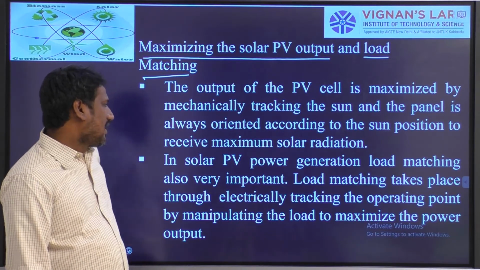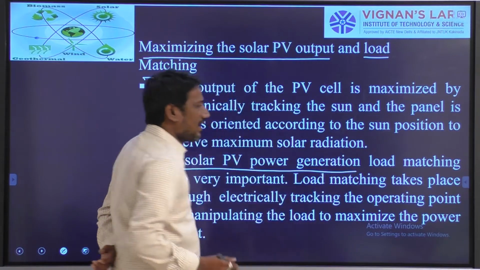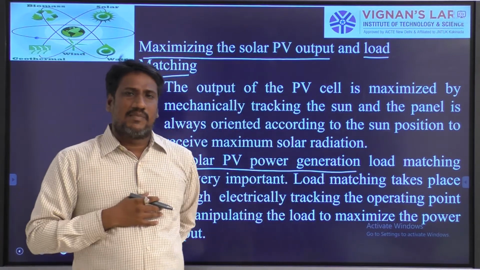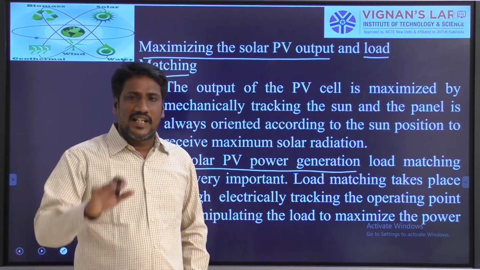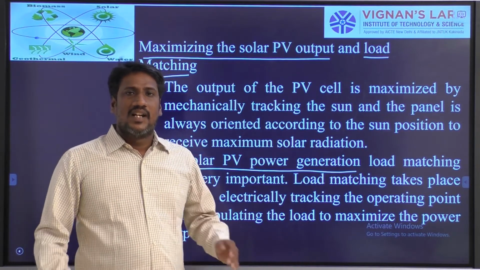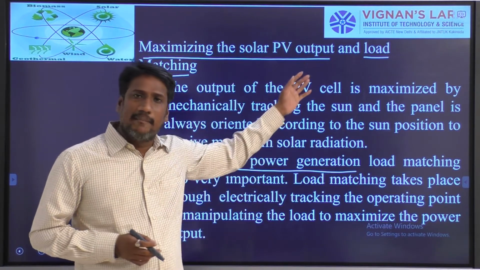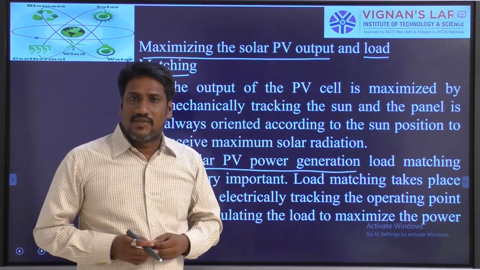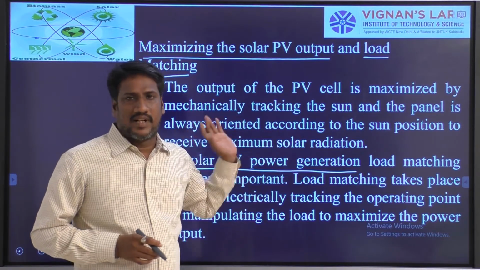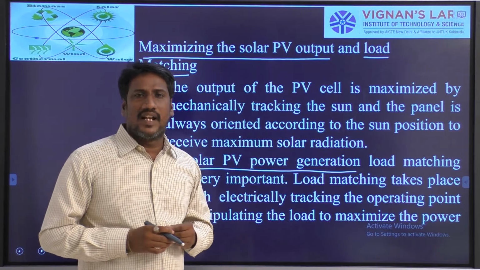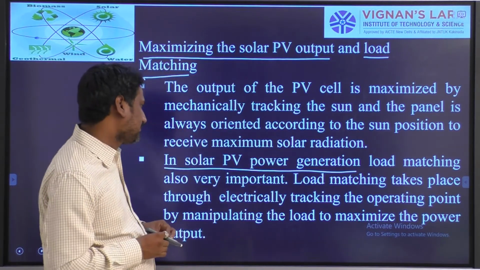In solar PV power generation, generating maximum power by providing tracking is not sufficient. Effective utilization of solar power depends not only on generation of maximum solar power but also on load matching, which is very important in the case of PV cells.